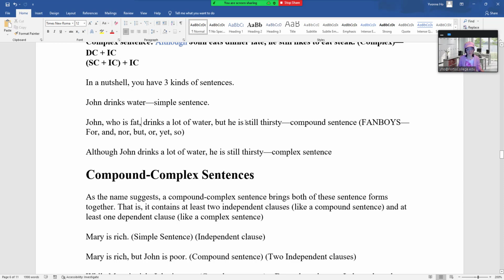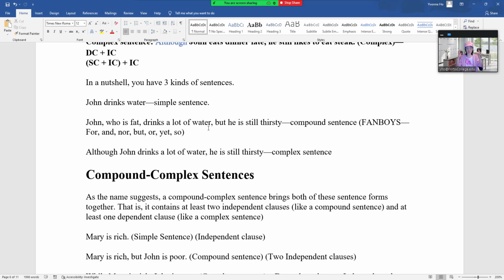Compound sentence. John, who is fat, drinks a lot of water. That sentence alone is a complex sentence because you have a dependent clause with an independent clause trapped together as one sentence. And then if I put all of the sentences together: John, who is fat, drinks a lot of water, but he is still thirsty.